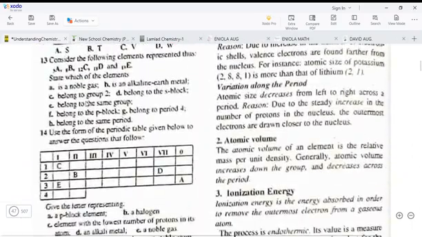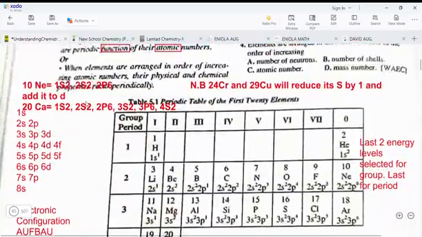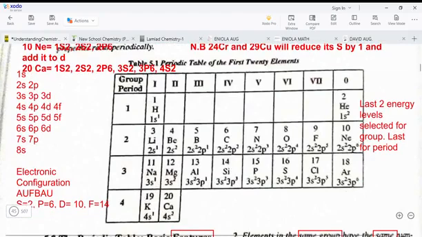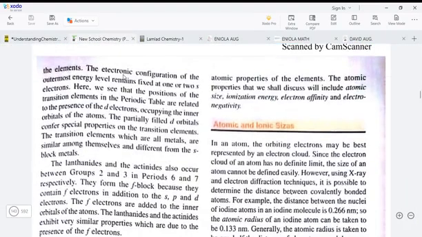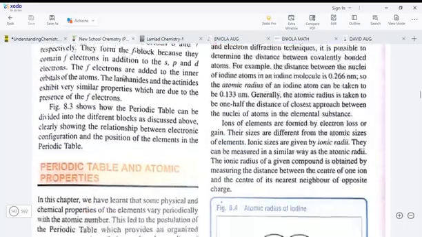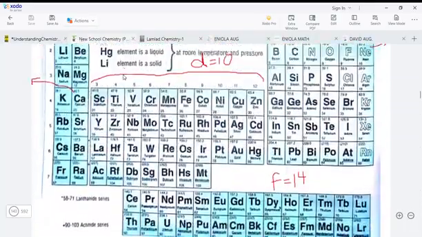We can see that they have A as the main group, so all these ones here are the A. These first 20 elements are the A. But when you look at another periodic table, the one that has a complete table, that one shows us the B, which is where the transition metals are.